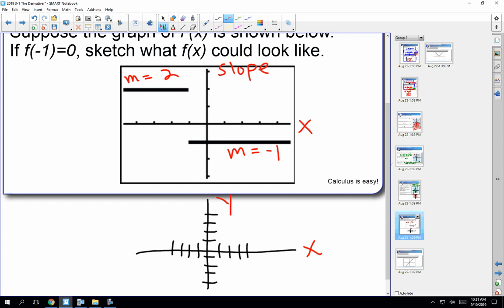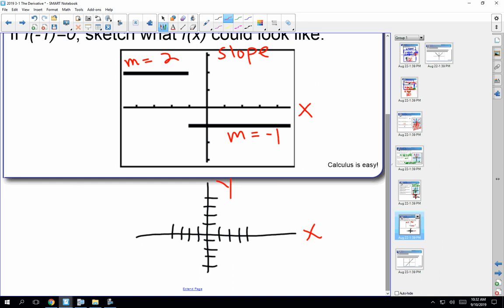So the breakpoint. What's the breakpoint? It looks like it's -1 here, right? It's where it fails to be differentiable. So what we have is a slope that is constantly 2 to the left of -1. So what will that look like? Let's just put a point right here at -1.